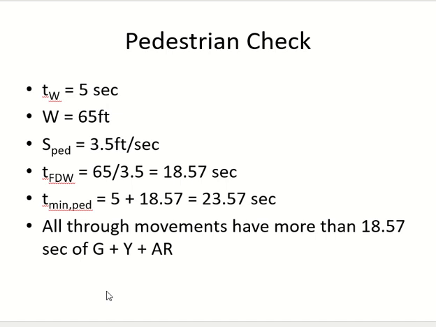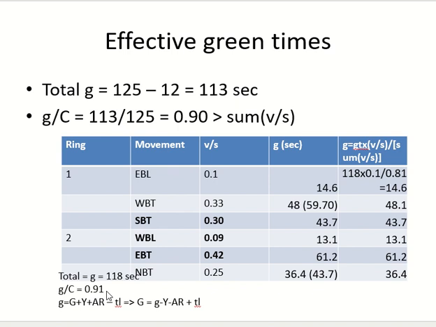Now this is in all directions, right? So I take this value, I go back to my table for the green time, and I check it with which movements? Through movements. So you look at all through movements and check that you are not failing the criteria in any direction.